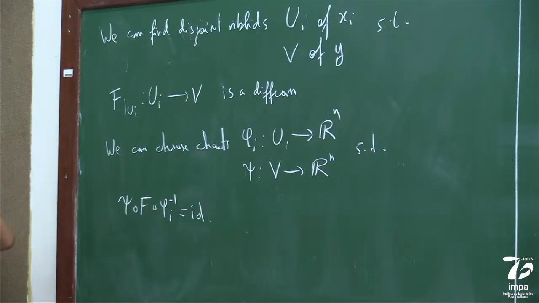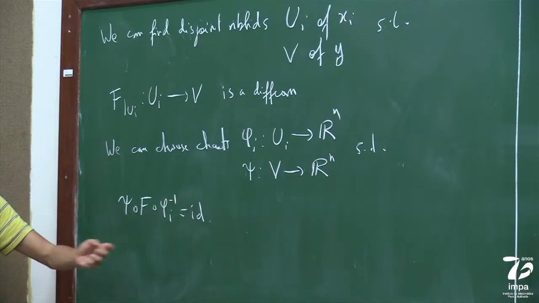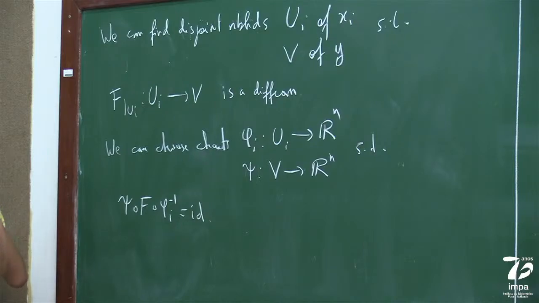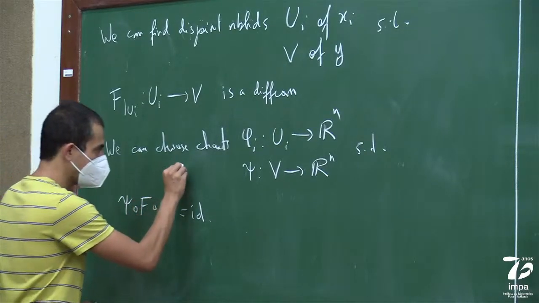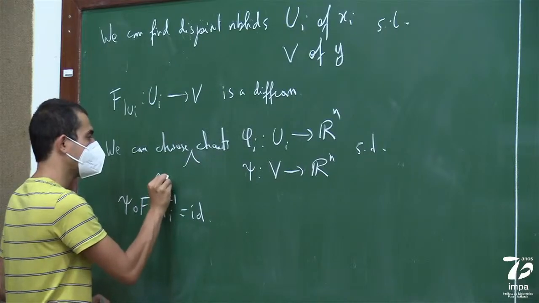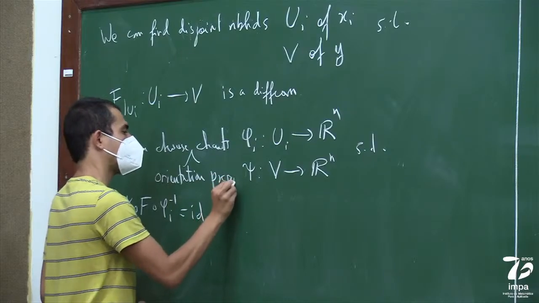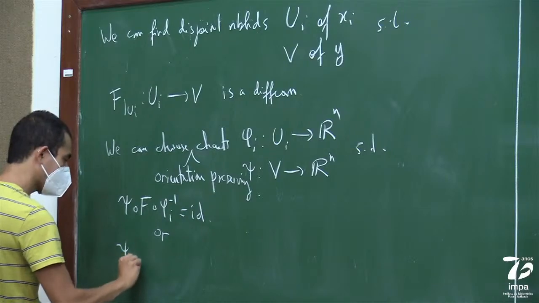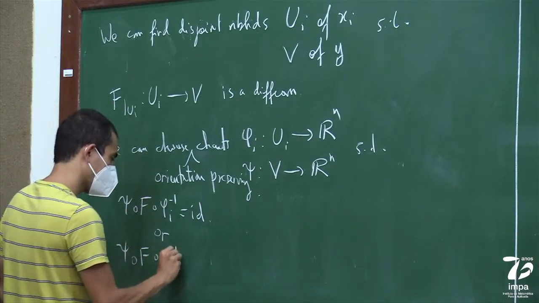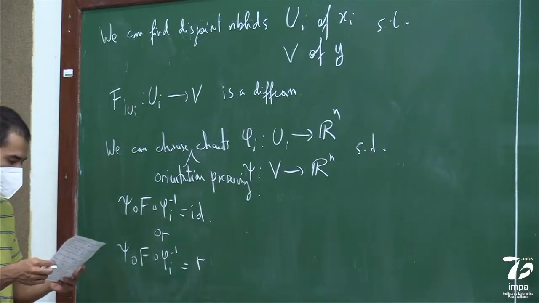Or, if f reverses orientation, you want to choose something else that represents the orientation reversing thing, the simplest thing you can find. So we're going to choose orientation preserving charts such that psi composed with f composed with phi inverse is either the identity or a reflection, for example on the first coordinate.